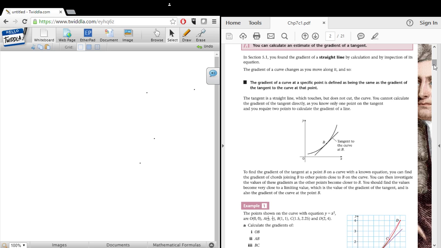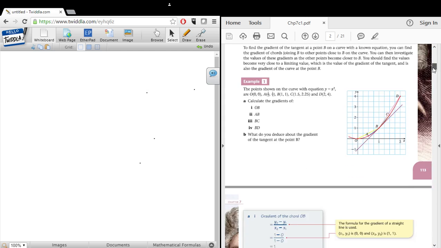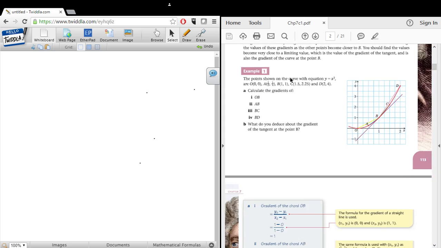Now here is example 1. The points shown on the curve with the equation y equals x squared, so that's on the positive side of the x axis, are as follows. Calculate the gradients of OB, AB, BC and BD.